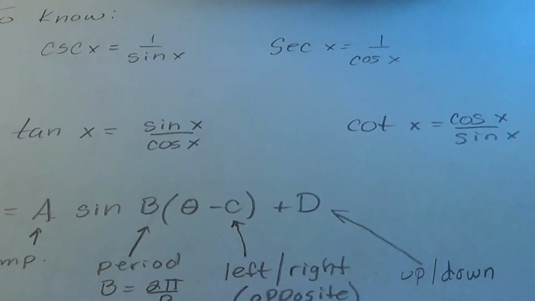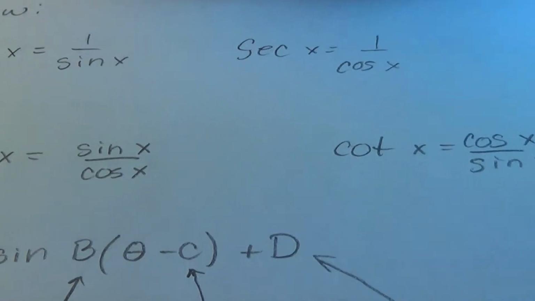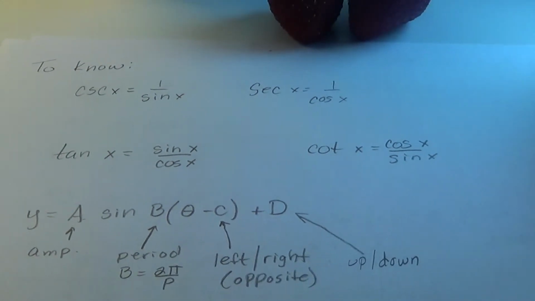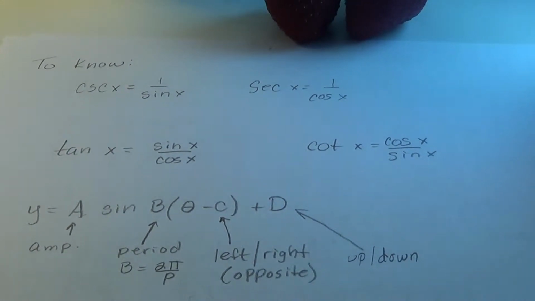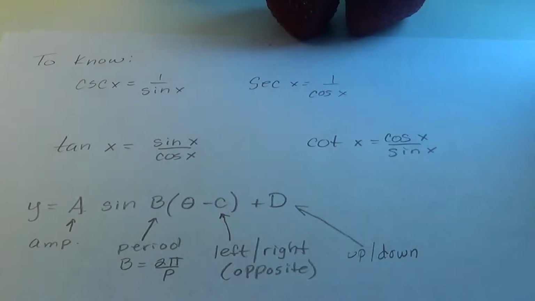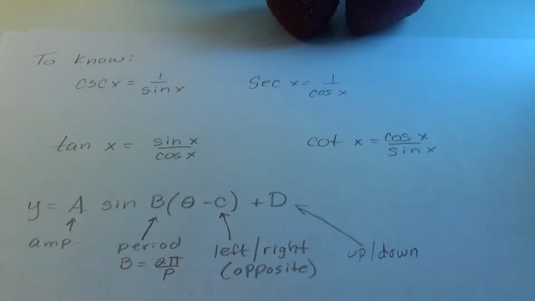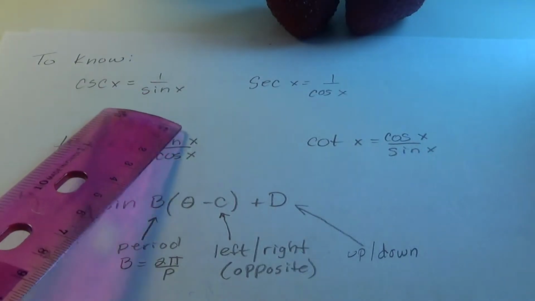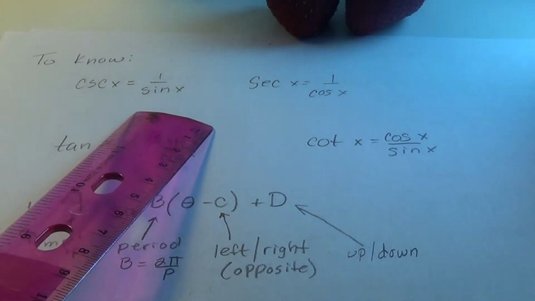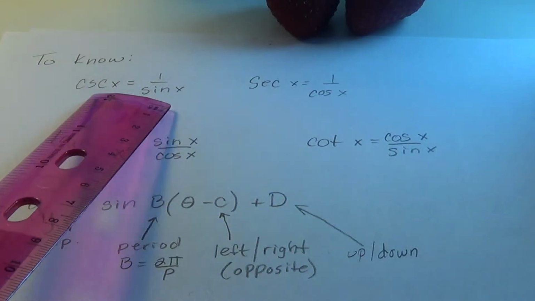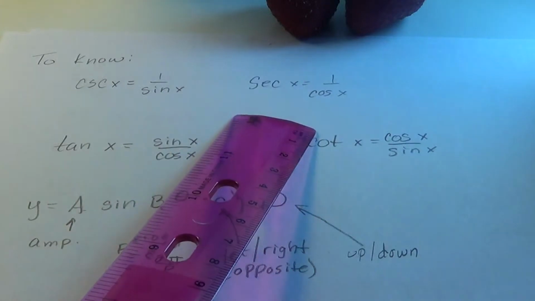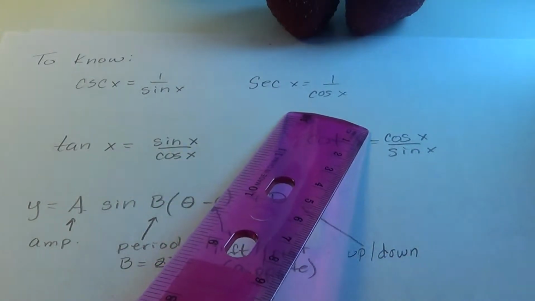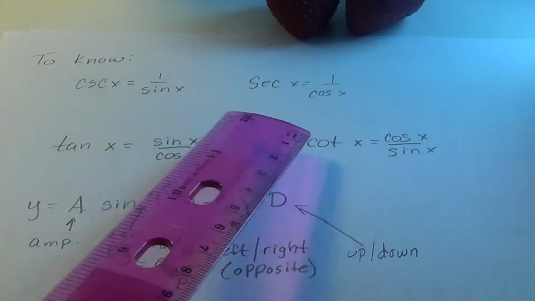And of course, know your math. Here's a little page I put together of the things that you need to know coming into the test. They will not be provided for you. So you need to know secant is the flip of sine, and cosecant is the flip of sine, and secant is the flip of cosine. That will help you with your graphs.